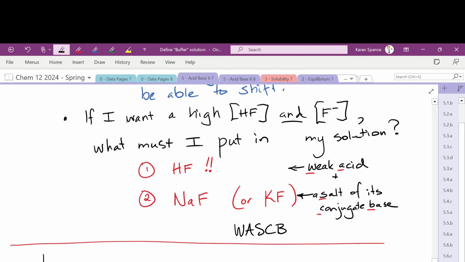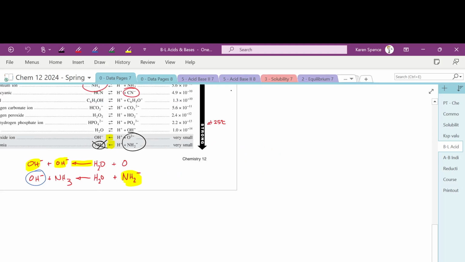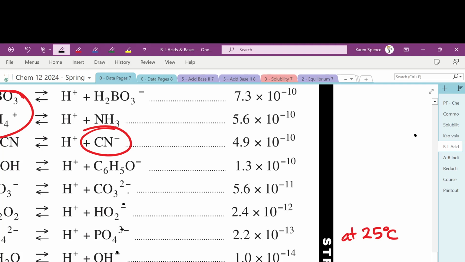Go look on your chart and find me an electrically neutral weak base. So we go over to our base side and say charge, charge, charge, oh, neutral, NH3. Yes?